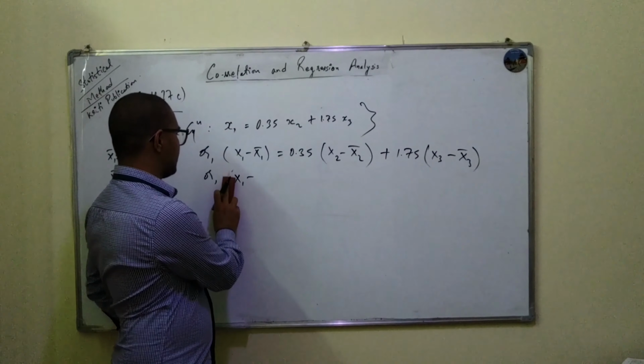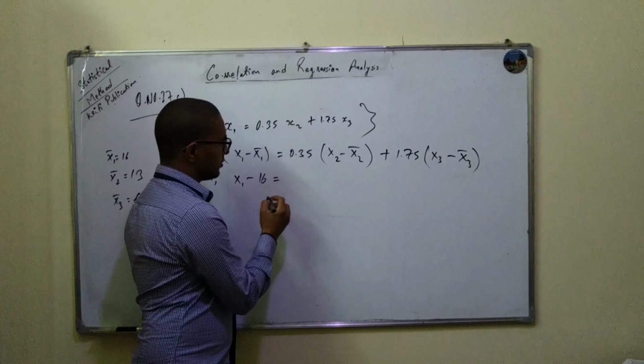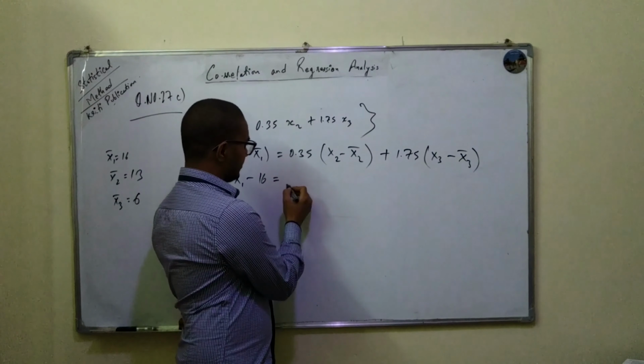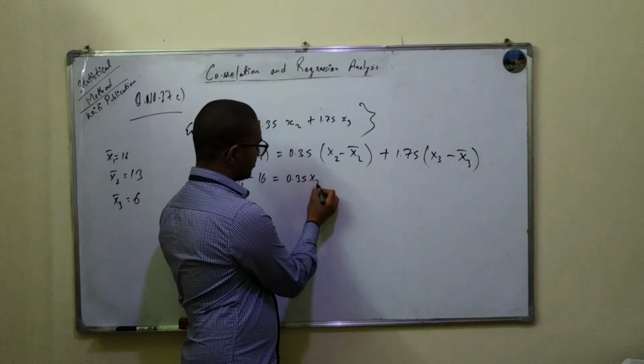So we can just erase this. 16 is equal to 0.35 x2 minus 0.35 into, x2 is how much? 13, right? Plus 1.75 x3 minus, how much is our x3? 6, right? 1.75 into 6.